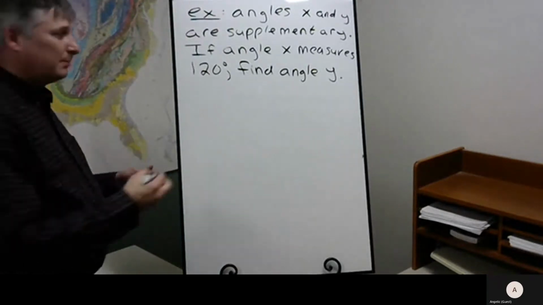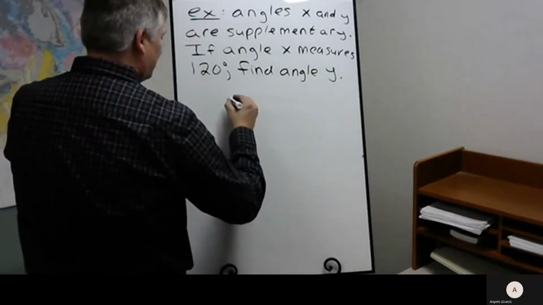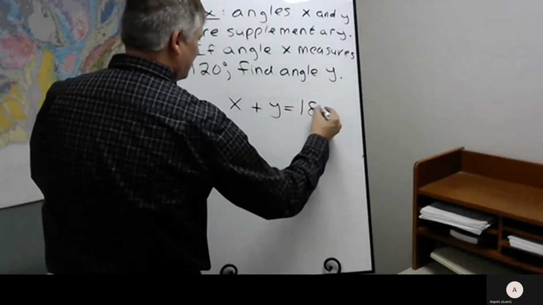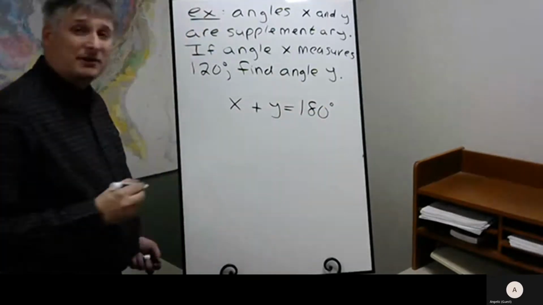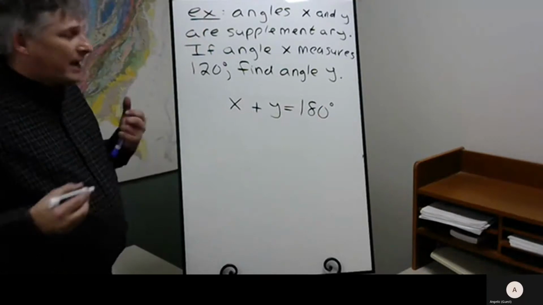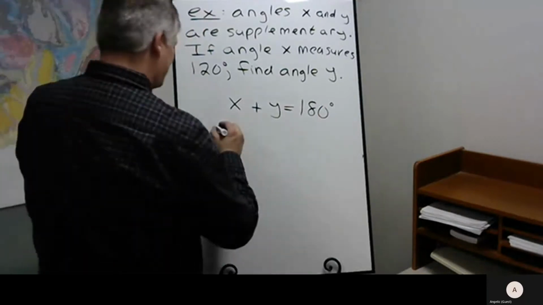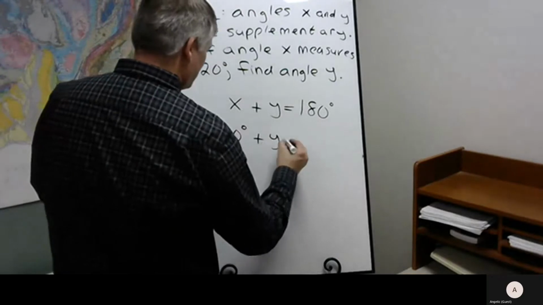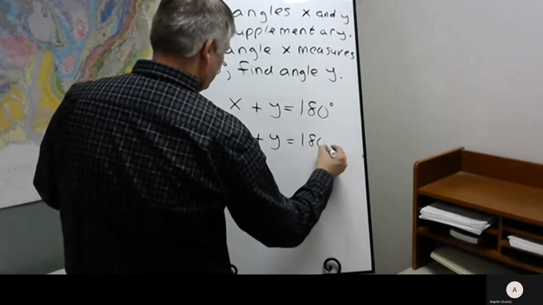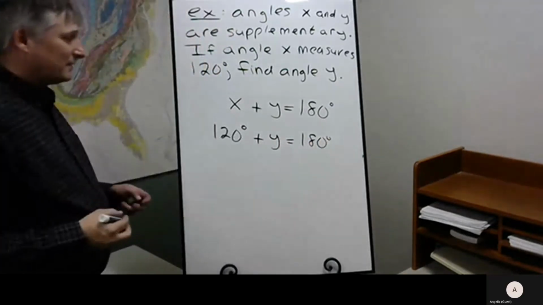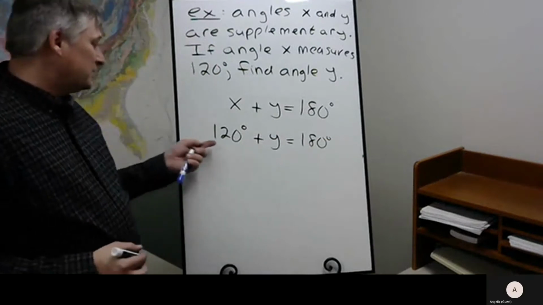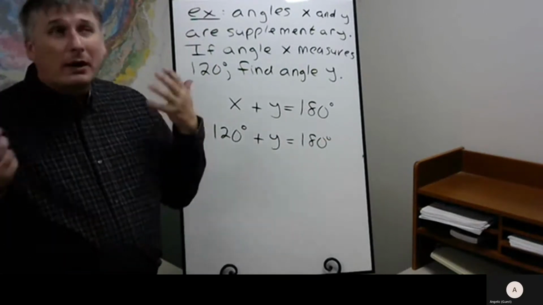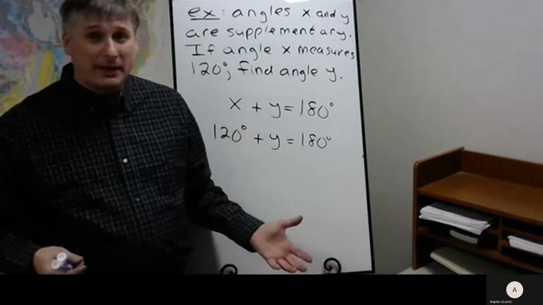So because they're supplementary, X plus Y is 180 degrees. Now X we know is 120. So again, to find Y, just subtract 120 from both sides. Now again, you could guess. You could say, well, what number plus 120 gives you 180?